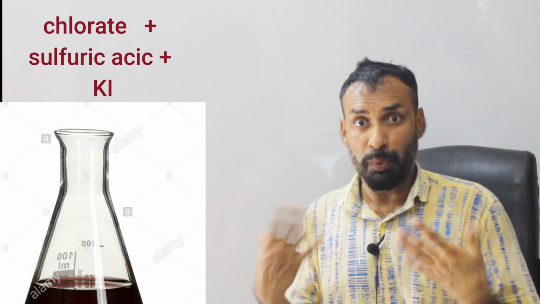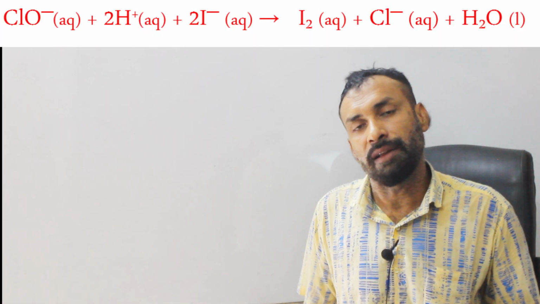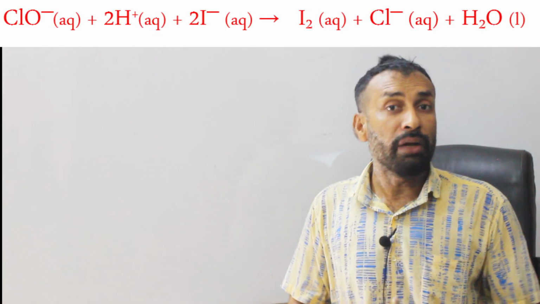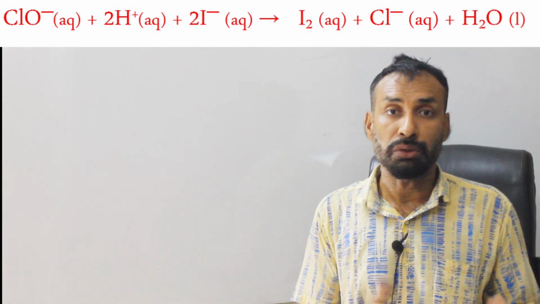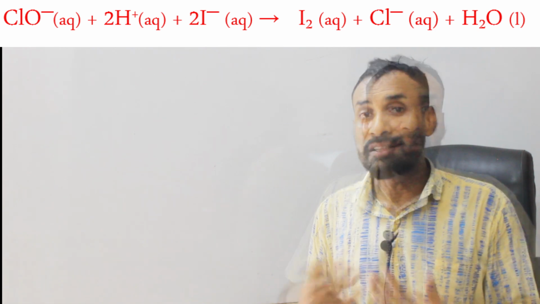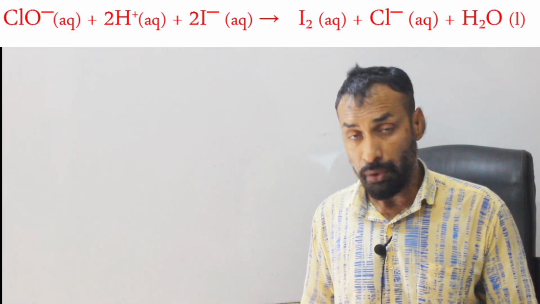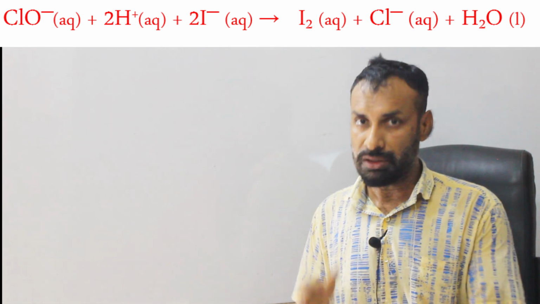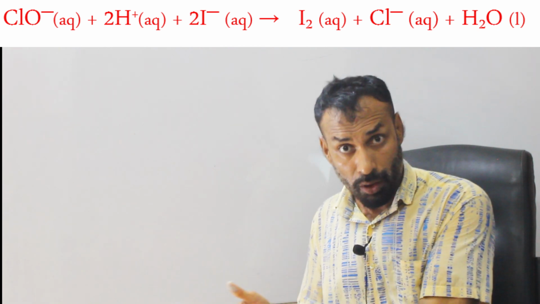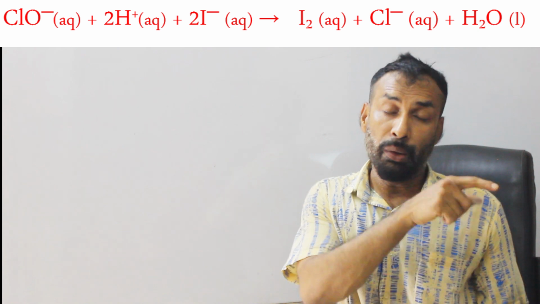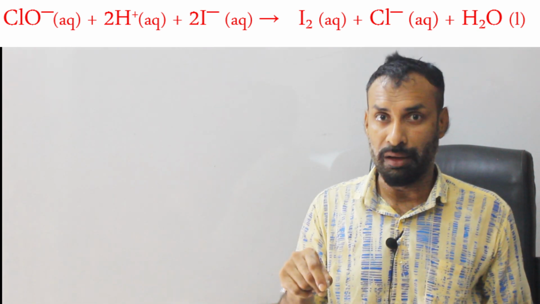Look, we are getting help from potassium iodide, and here there will be a redox reaction in the conical flask where iodide will oxidize to iodine and chlorate will reduce to chloride. As you are using excess sulfuric acid and excess potassium iodide, the product here, which is iodine, will depend on the limiting reactant, which is chlorate.